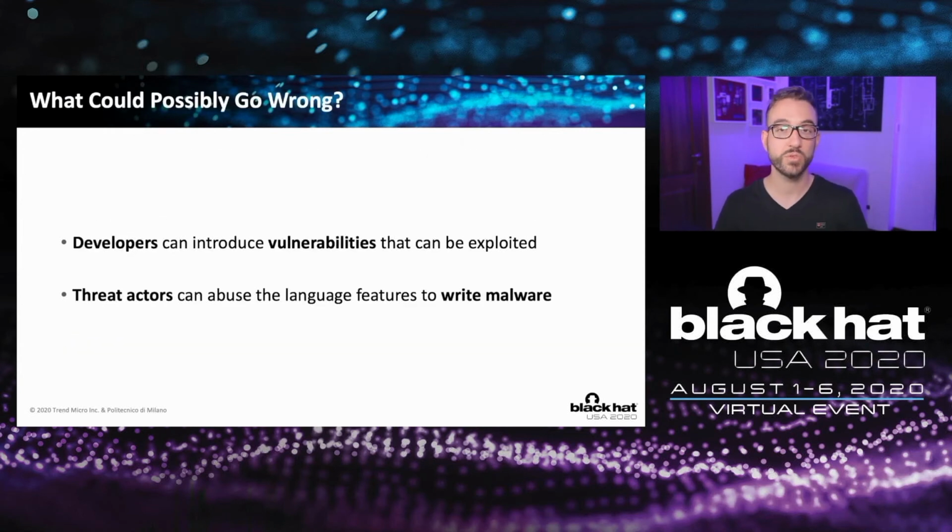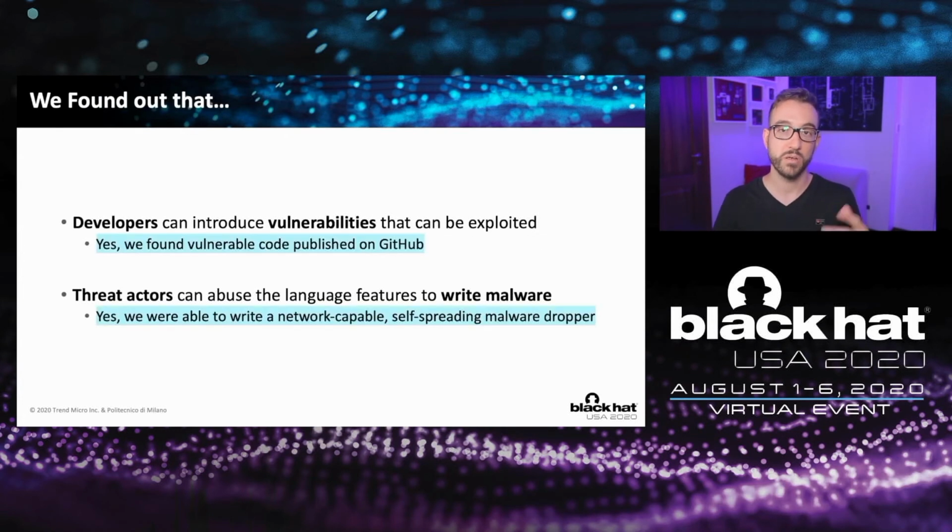So you may ask, what could possibly go wrong? Well, on the one end, developers may introduce vulnerabilities by mistake because they are not aware of the security implication of using those security-sensitive features. And on the other hand, threat actors may use these powerful features to develop new strains of malware. And we found evidence of both cases. On the one end, we found public code containing vulnerabilities.